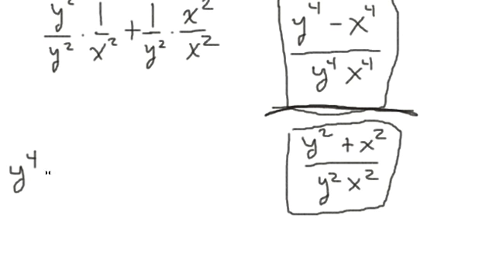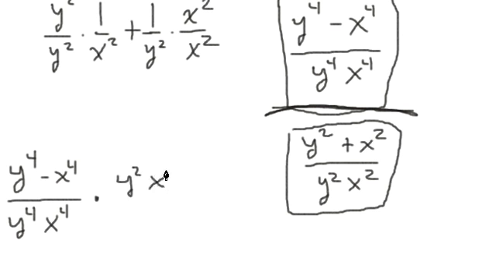Y to the fourth minus x to the fourth over y to the fourth x to the fourth times, now remember we're going to flip this, so this becomes y squared x squared over y squared plus x squared.